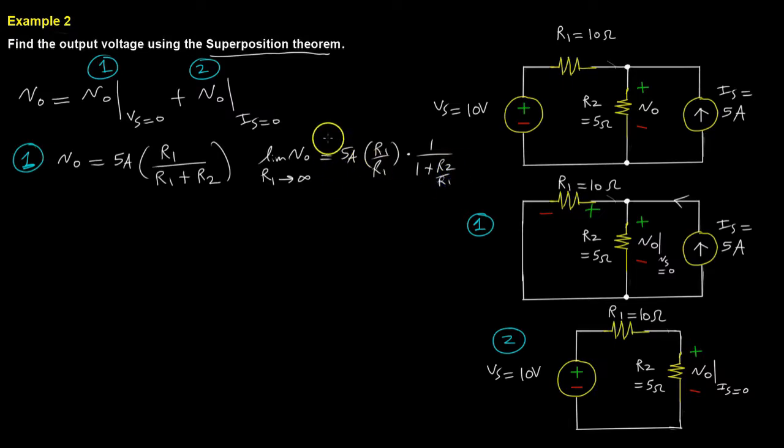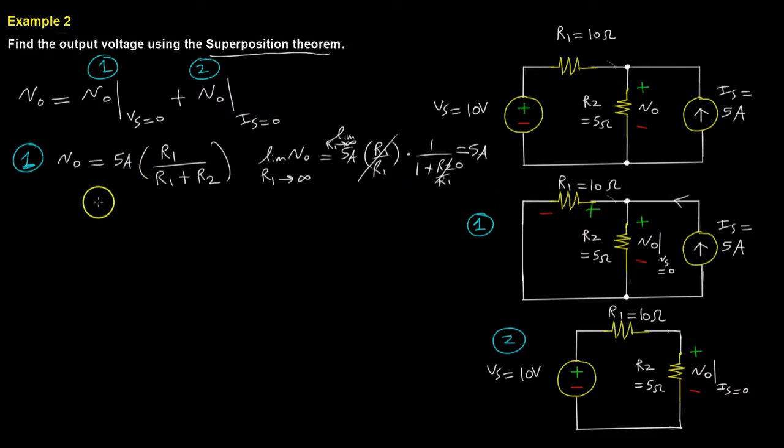If you're taking the limit as R1 approaches infinity, we can cancel those out, R2 over R1 goes to 0, and we get 5 amps, which makes sense. Intuitively and mathematically, we have proven that. That's how I think about current divider: it's the other resistor's resistance that goes into the numerator. If you don't like it this way, you can simply combine these two resistances.